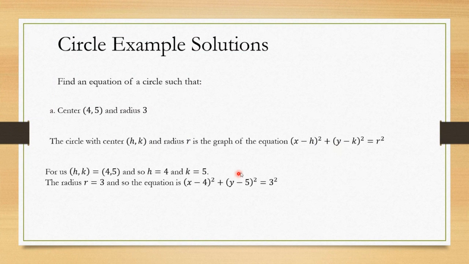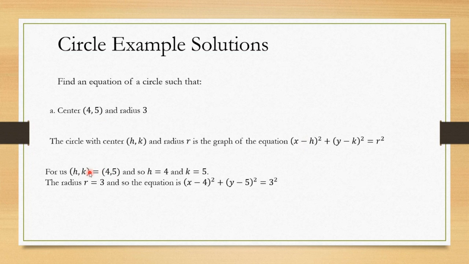But here we want a circle whose center is (4, 5), and the radius is 3. So instead of (h, k), we want (4, 5). That is, we can take (h, k) to be the point (4, 5), right? The center is (4, 5).